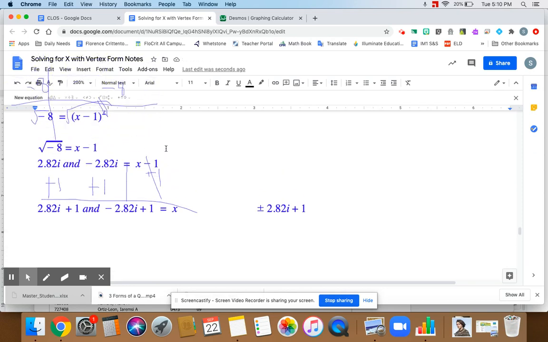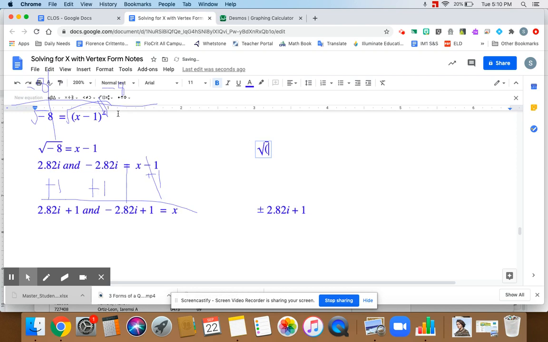We instead would have broken 8 apart, where negative 8 becomes negative 1 times 8, and then that 8 is going to become 2 times 4, and then the 4 is going to become 2 times 2, and then the negative 1 is going to become i times i, and then if it's under there twice, it comes out front.